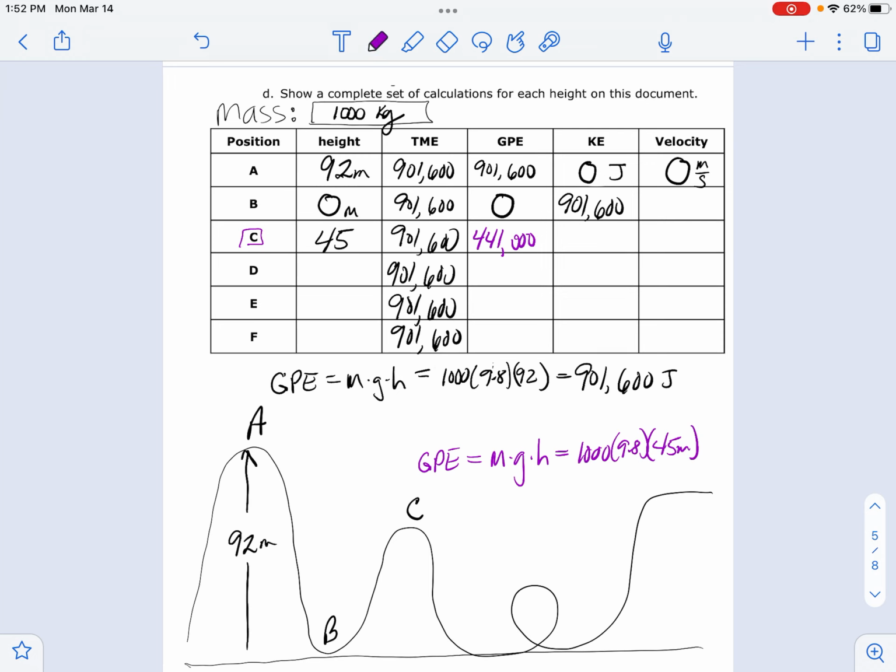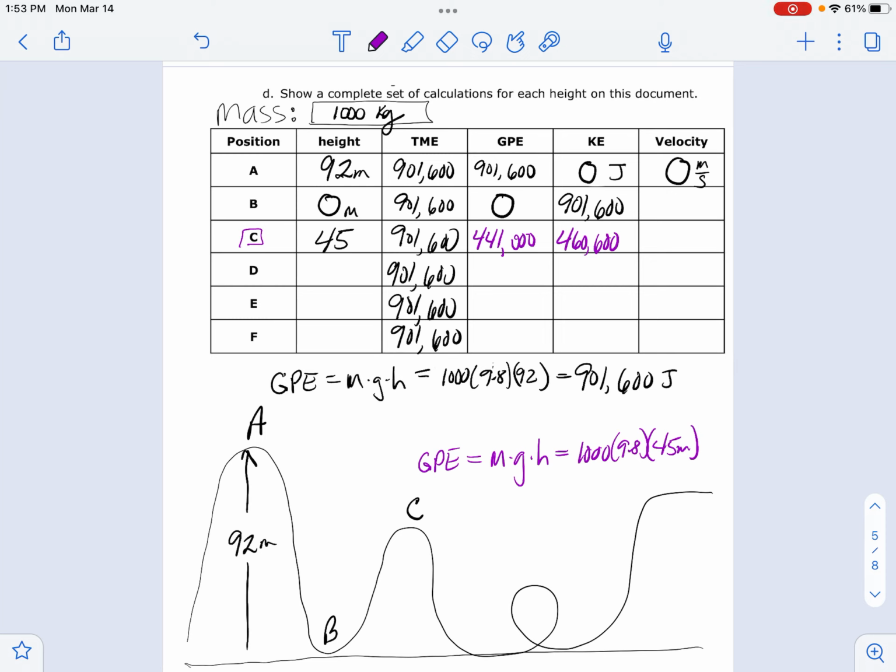So I'm going to take 901,600 minus 441,000, which is 460,600. Like so. And you would continue to do that for the rest of the points.